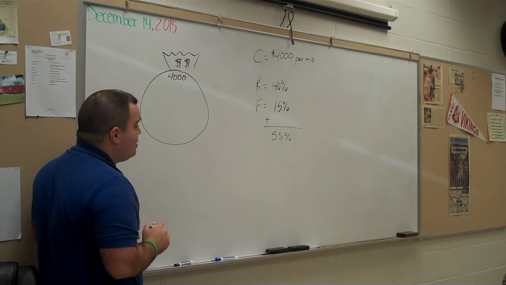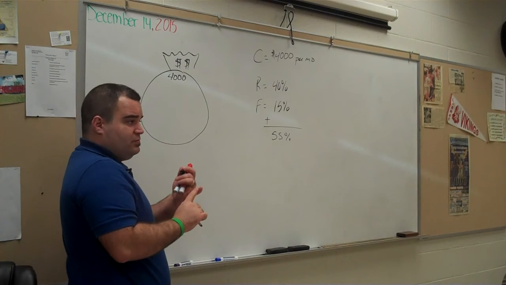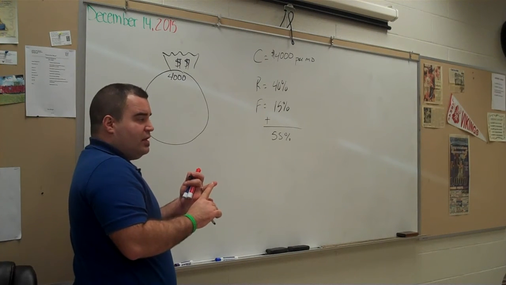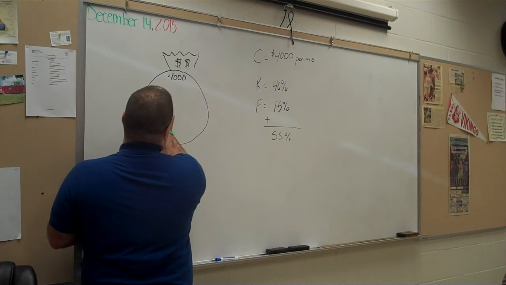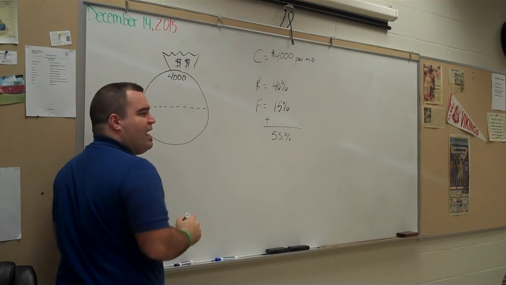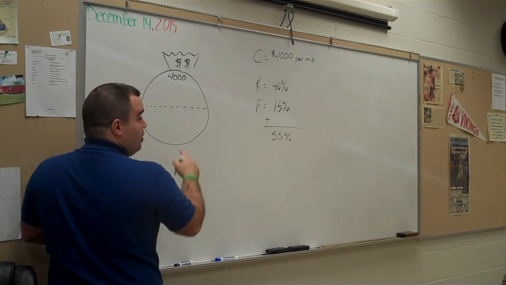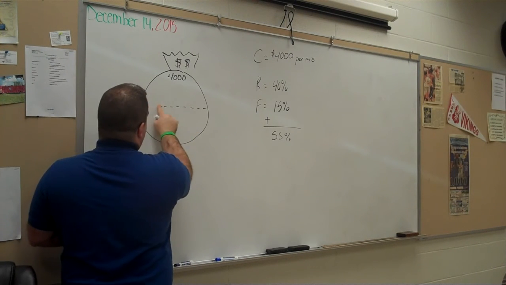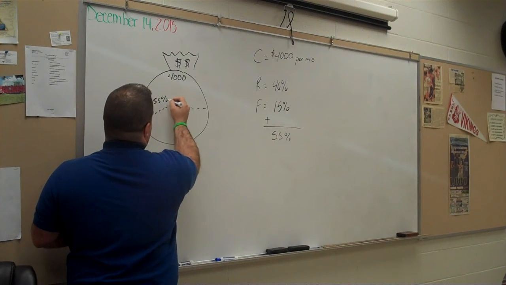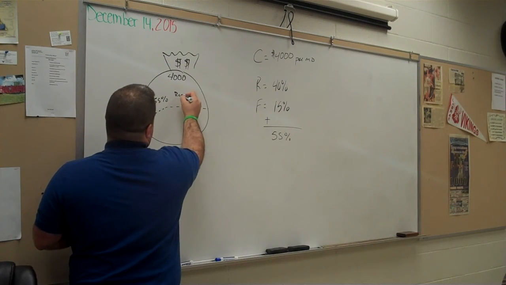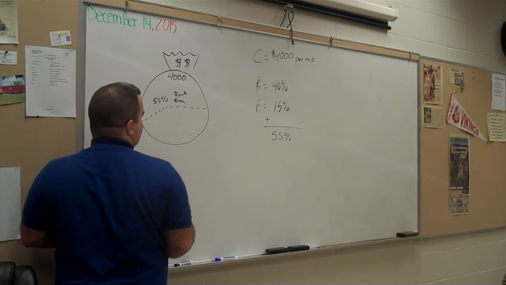And 55% of it goes toward rent and groceries. If I graphed it with a circle graph, almost cut in half, wait, that's only 50. We need about 55. So 55% of it goes to rent and groceries.